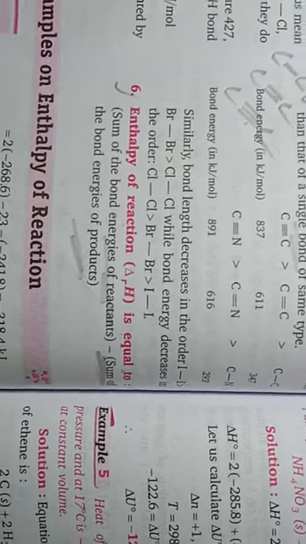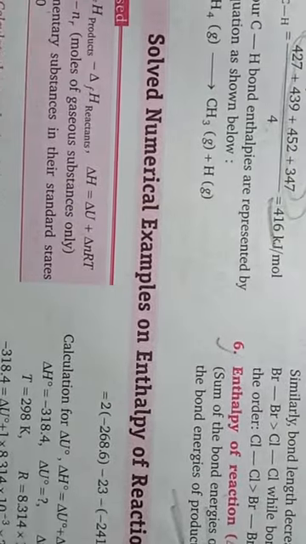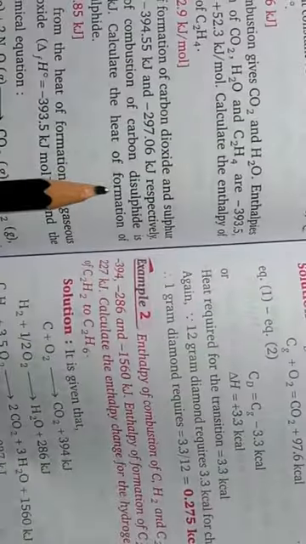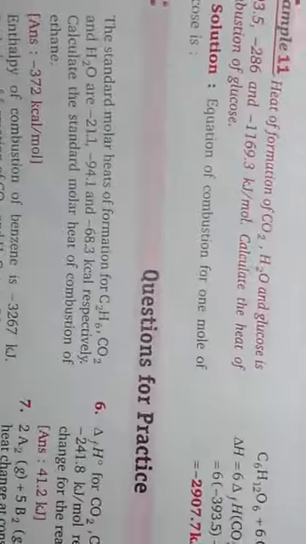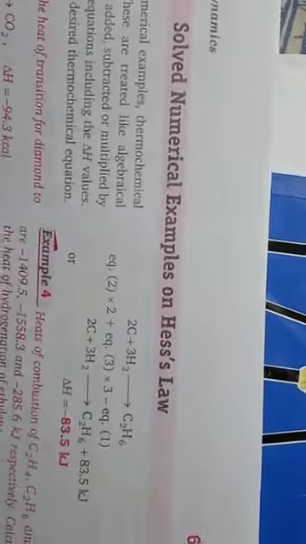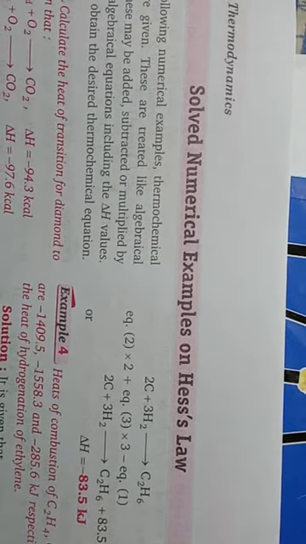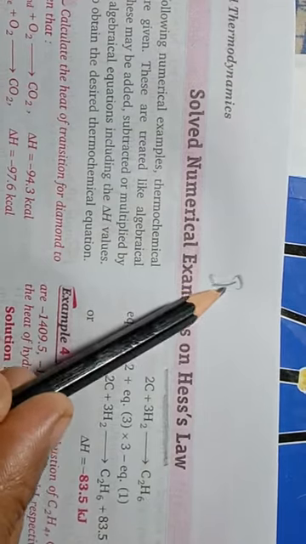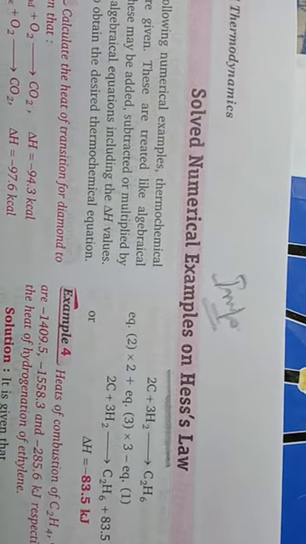Then examples are given related to enthalpy of reaction, and after this, exercise questions for practice. You have to do these questions. Then solved numerical problems based on Hess law, and these problems are going to be very important for you.